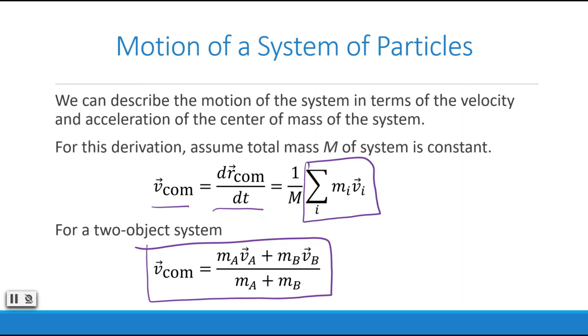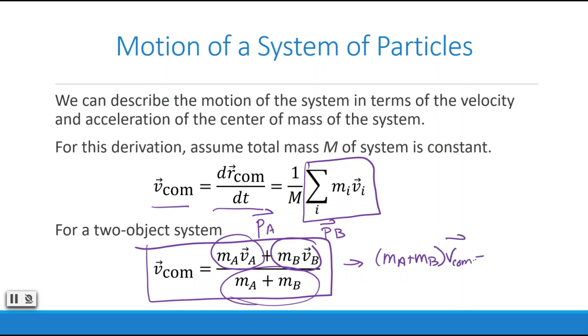Now, if you look at this, m_A v_A is the momentum of object A. m_B v_B is the momentum of object B. Now, if I multiply the denominator to the other side, I get m_A plus m_B times the velocity of the center of mass is equal to the momentum of object A plus the momentum of object B. Well, this term right here is basically the total momentum of the system.